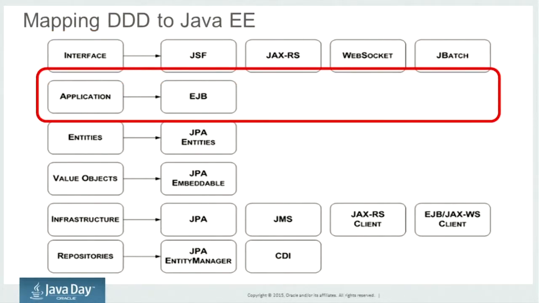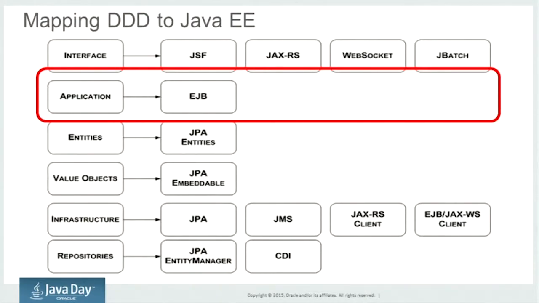Similarly, EJB is ideal for the application layer. EJBs are in fact designed for creating the equivalent of session facades. If you look at the application, as I said, they model high-level use cases in your application. Another name for that is a unit of work, right? You're trying to accomplish a specific thing that needs to be accomplished, either fail or succeed in one unit.